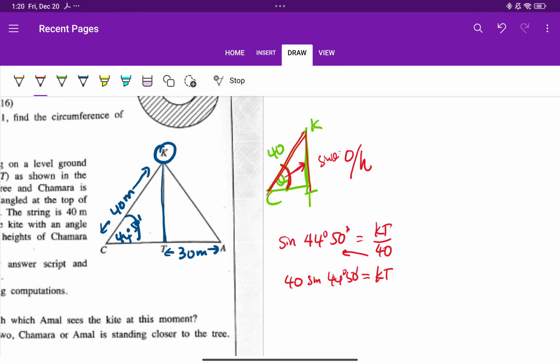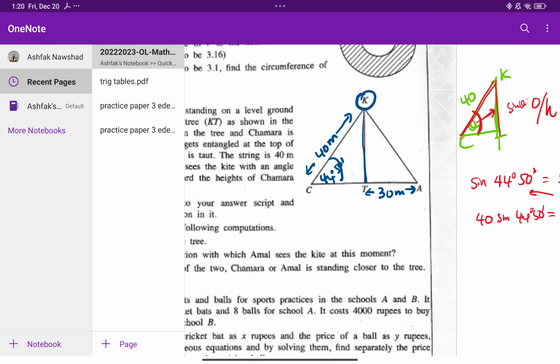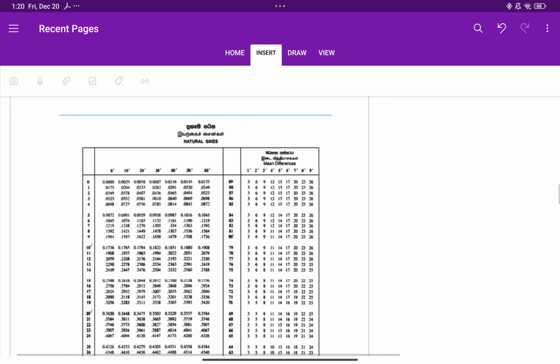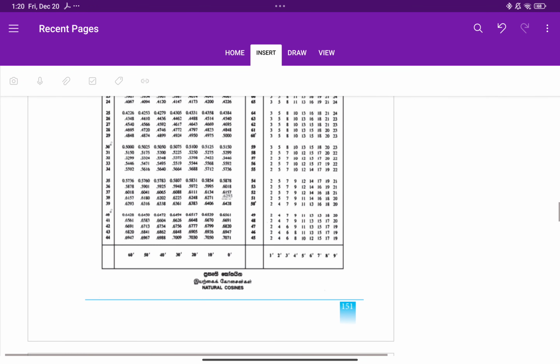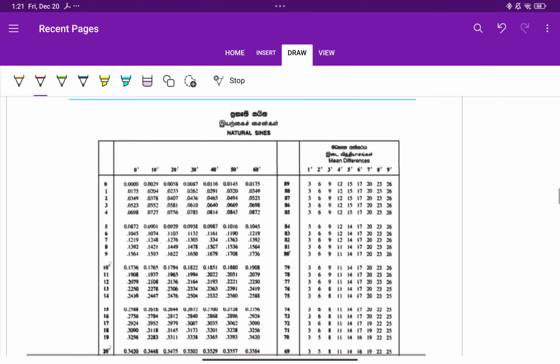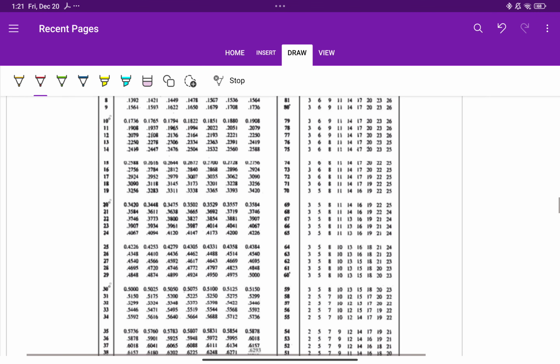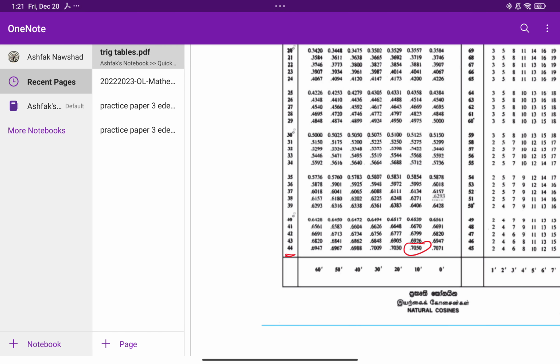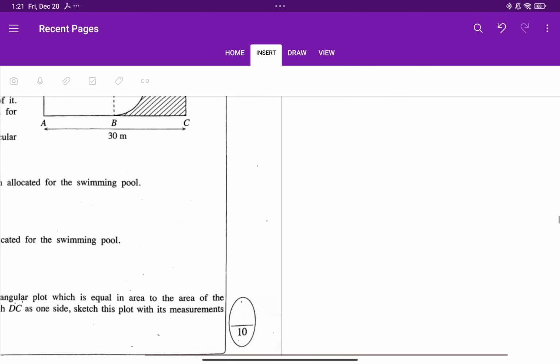Now we have to find sine 44 degrees 50 minutes. We have the table of sines. For 44 degrees, in the 50 minutes column, 44 degrees 50 minutes is 0.7050.